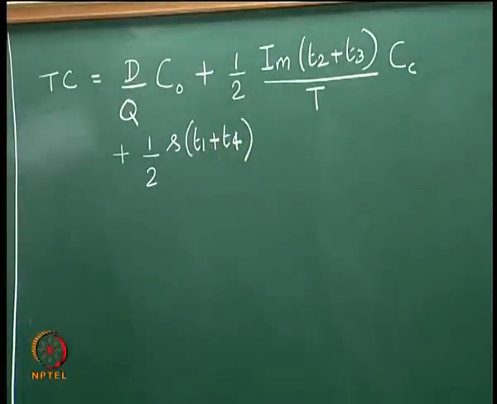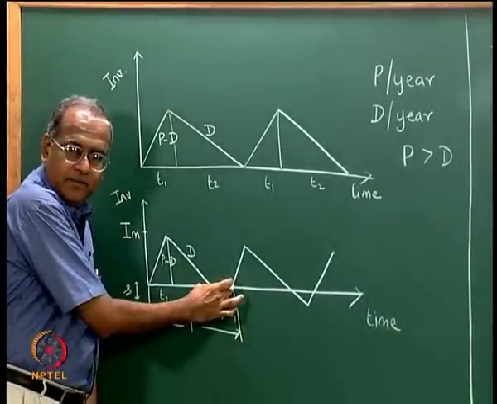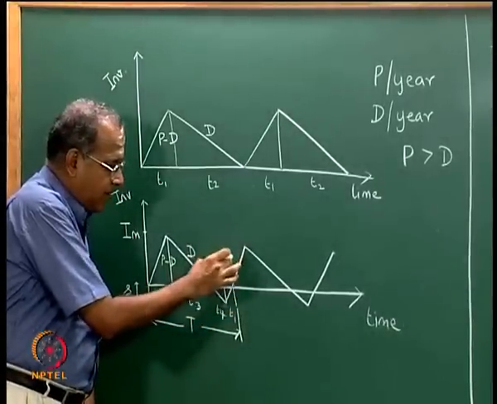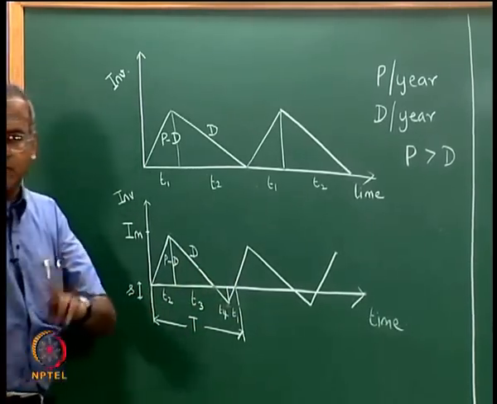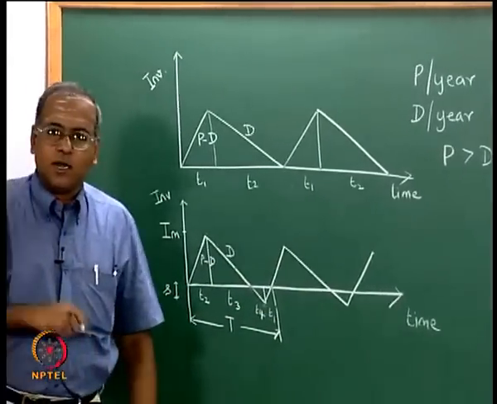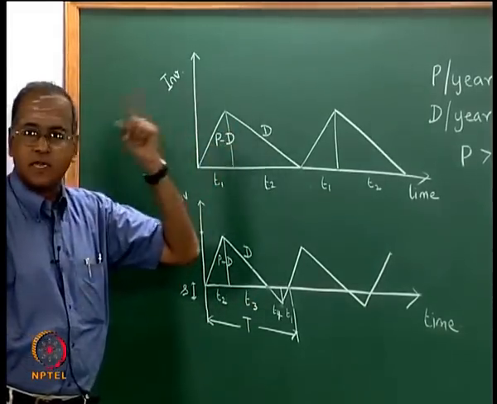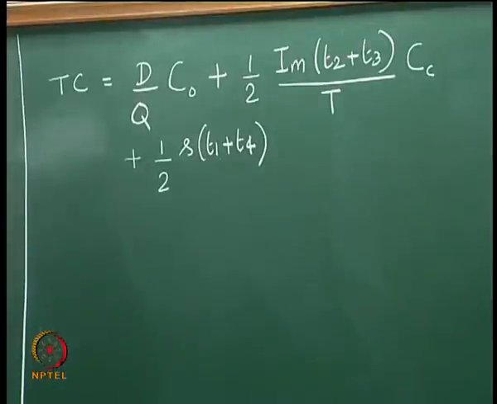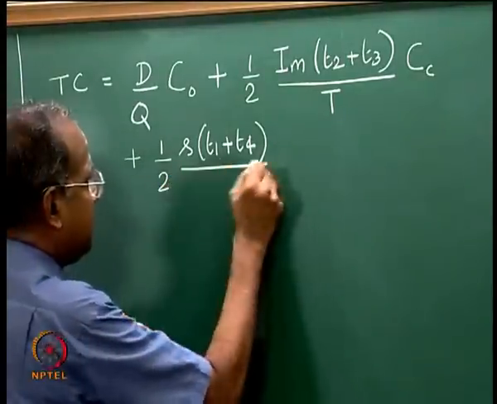Now, if we look at this cycle, this is the total backorder quantity, held for a period T1 plus T4. Backorder is 0 for a period T2 plus T3. So the average backorder is half into S into T1 plus T4 divided by T1 plus T2 plus T3 plus T4, which is capital T. So, divided by capital T.